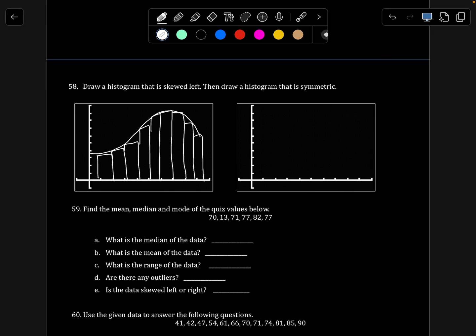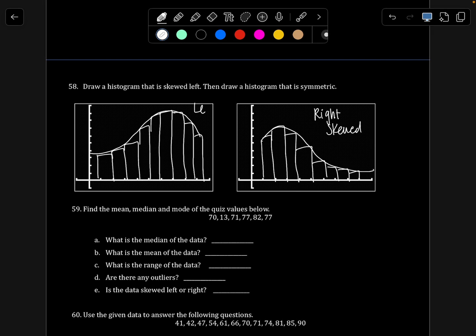Something that's right skewed, if you want to do something like that, the boxes are all connected. You know that the tail points to the right if you're right skewed.